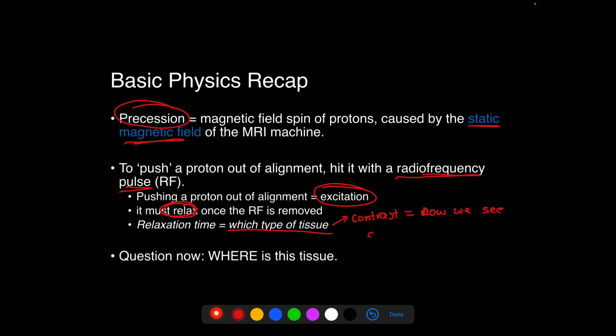The new question now is, if we know what tissue we're looking at from relaxation, we still don't know where in the brain that tissue is. How do we know where the signal is coming from?